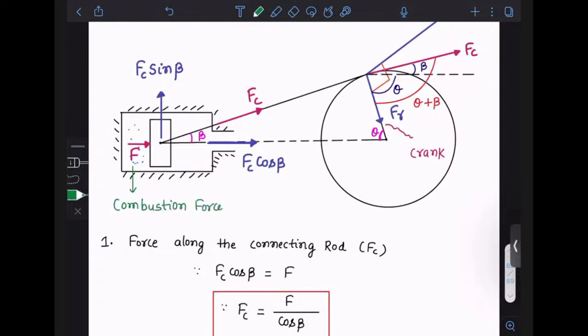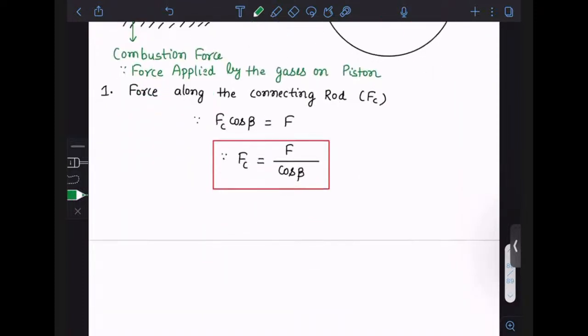Combustion force or force applied by the gases on the piston. Correct, my dear? This F is usually given in the numericals.